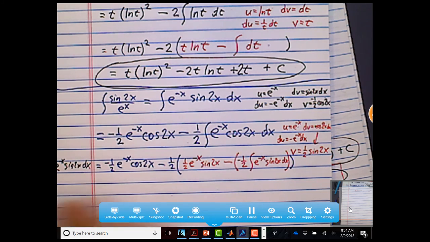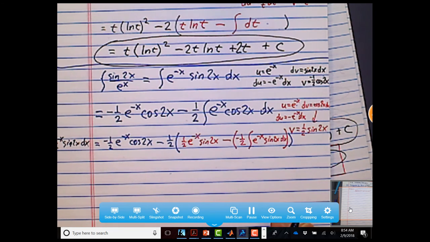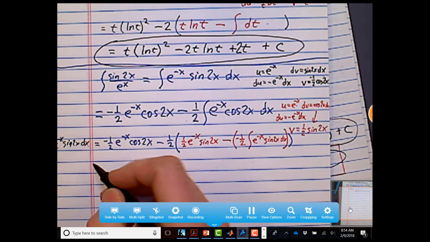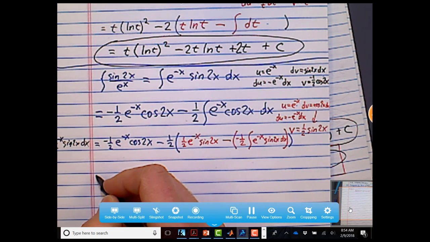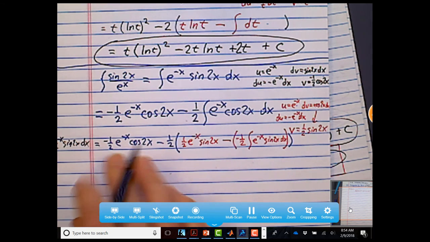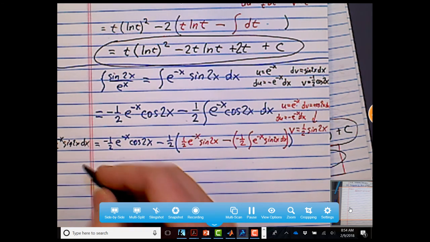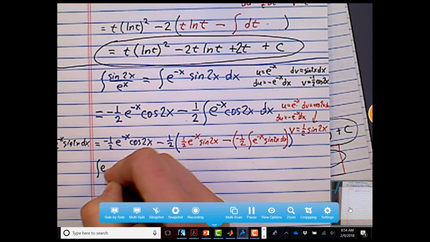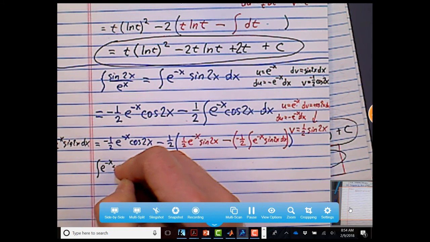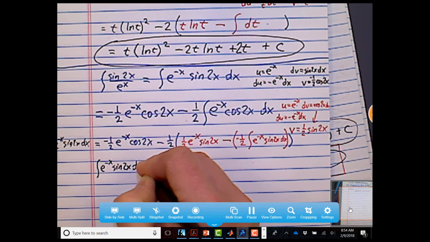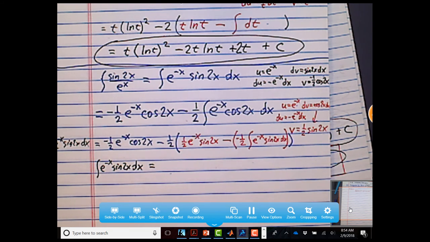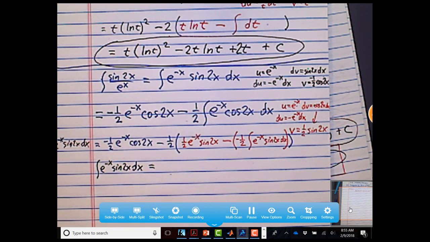So, if you'll bear with me, because I have to do an awful lot of distributing here, right? This is really ugly. All right, so let's write that down. Let's write e to the negative x sine of 2x dx equals, and let's start writing down what this stuff actually equals.